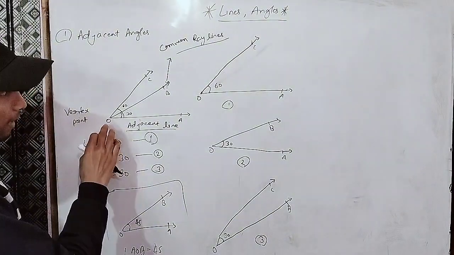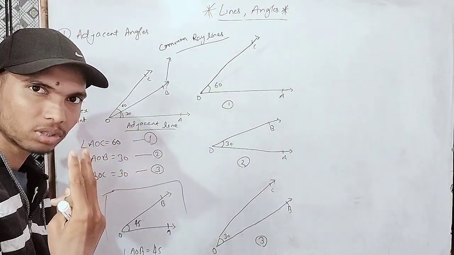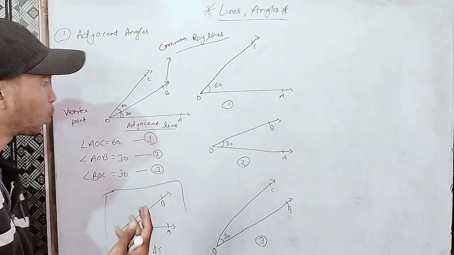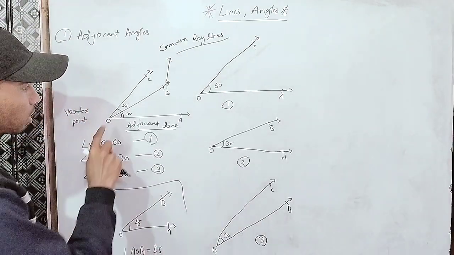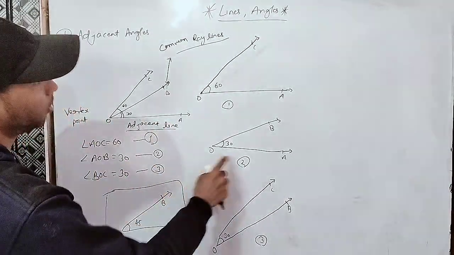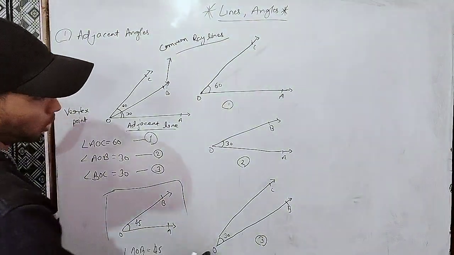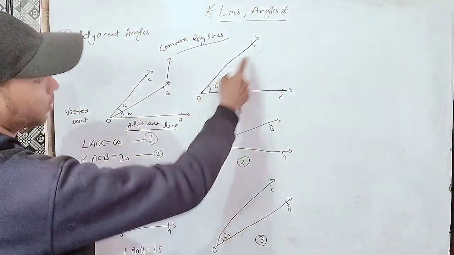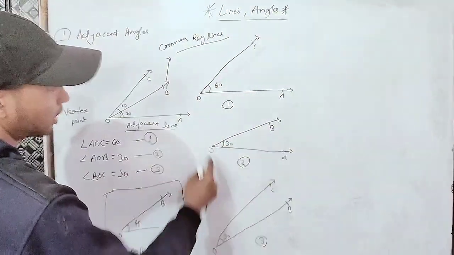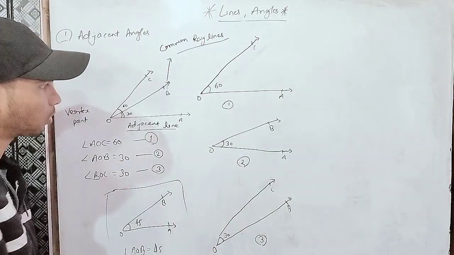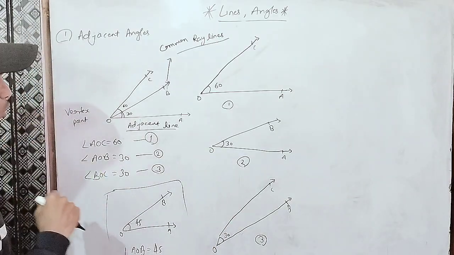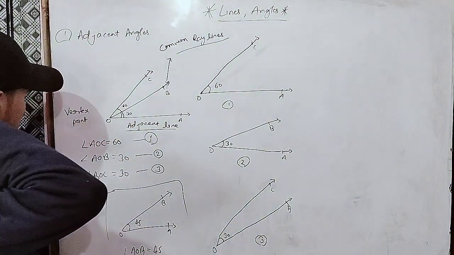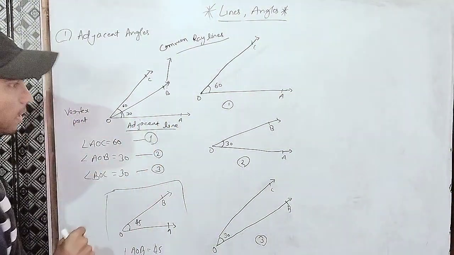OA, this line has two lines. OA, OA, okay. OB and OC, then OC. Here there is no OC. That's why we say this is an adjacent angle.